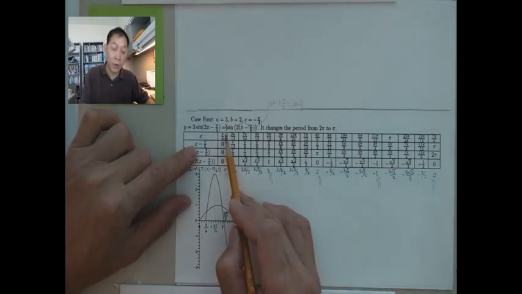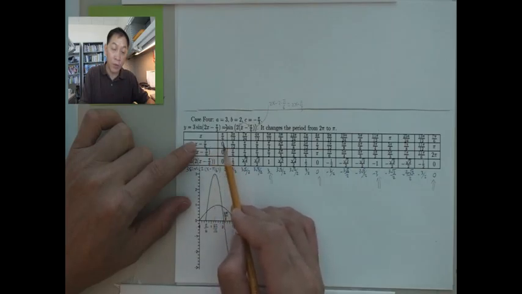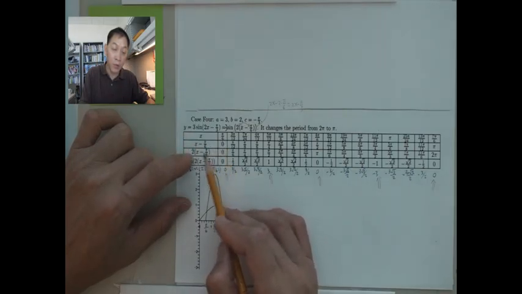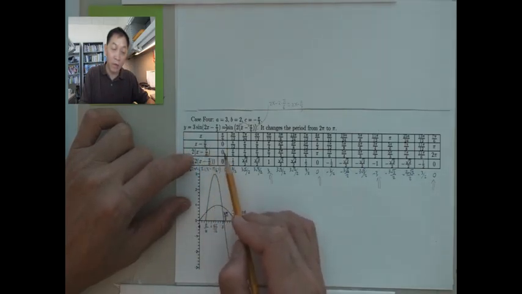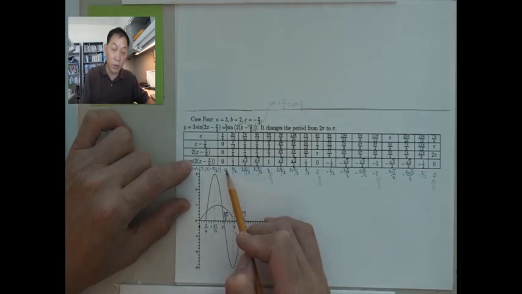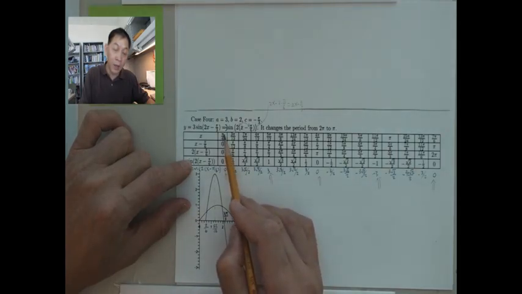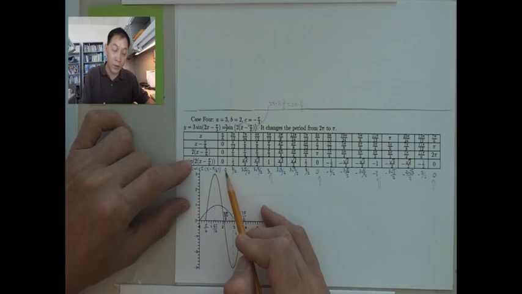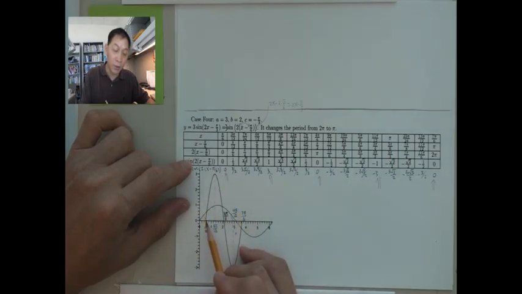Okay, if x is pi over 6, minus pi over 6, you have a 0. Then 2 times this big quantity, you still have a 0. And sine of this big quantity is 0. So when x equals pi over 6, y is 0. So the starting point is pi over 6, no longer 0.